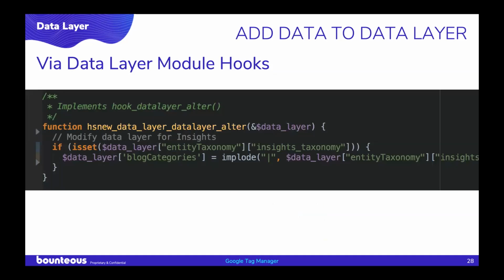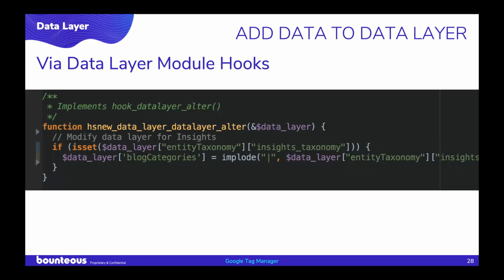But since this is Drupal and a Drupal module, you also totally have your custom code option. So there's a number of hooks that the data layer module provides that lets you essentially alter the data layer before it gets rendered to the page. So this is another simple example from the Bounteous site. For some of the tracking that we did for tags on blog posts, in a previous version of our site, it was represented in a particular way as a pipe delimited string.